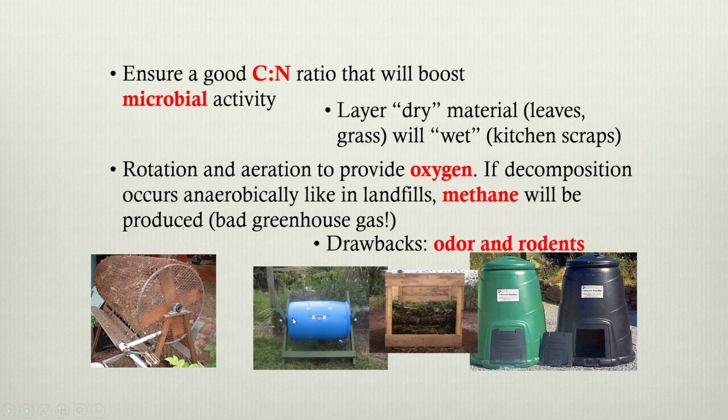I think it was used to hold soda syrup of some type, and so I had to clean it really well to get all the Mountain Dew out of it, and it just broke. It was terrible. This is a cool design, and I just couldn't make it work for me, which was a bummer. But I like pile composting as long as it's not too big of a pile so that you can rotate it and aerate it. If you don't aerate your compost pile, that's what causes more and more odor problems, so something to keep in mind.